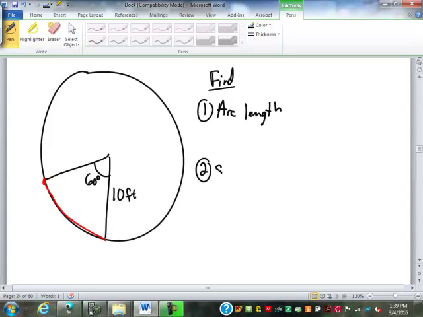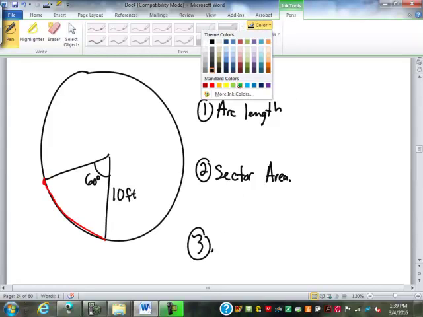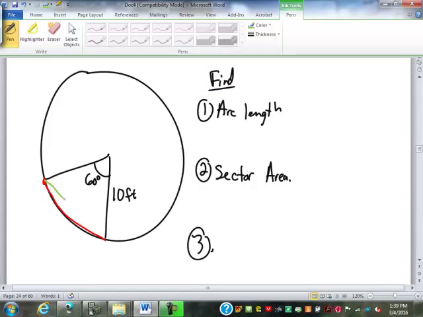Two, sector area. Three, this is where you really start to love me, the area of the segment. I'm going to pause.